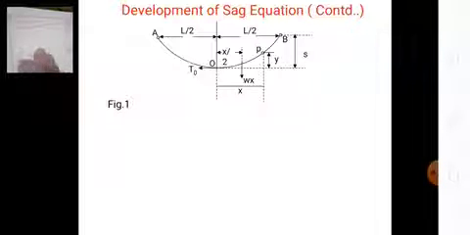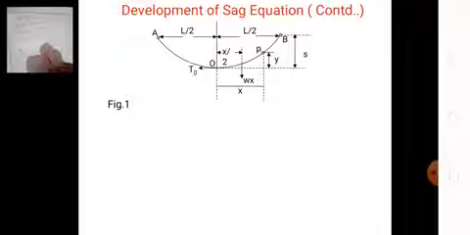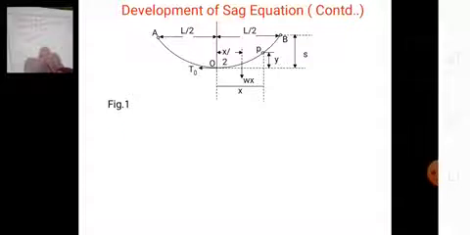Here is the point O and the point H. We are taking only some portion of the conductor. OH is the sag at this point, occurring at X distance.